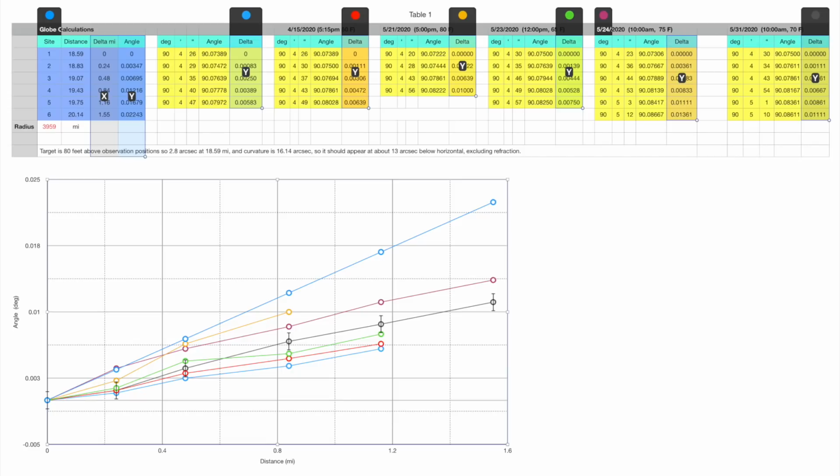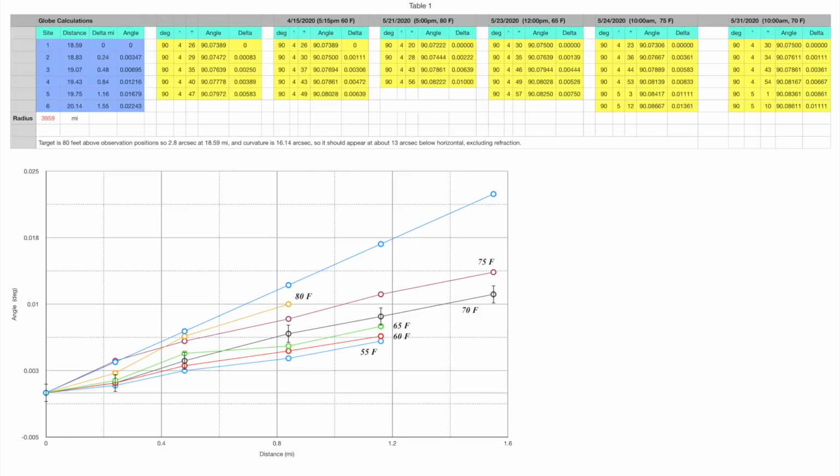And the top straight blue line, that's the globe calculation, just a differential calculation. The angle is basically increasing from our reference location at site 1, which I've set to 0. So the angle should increase between the gravitational vectors.